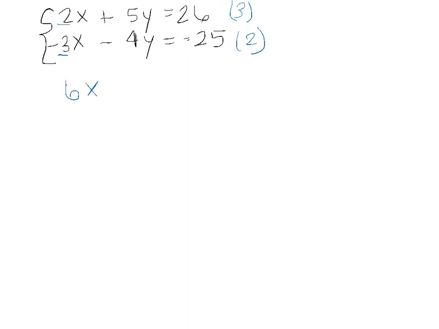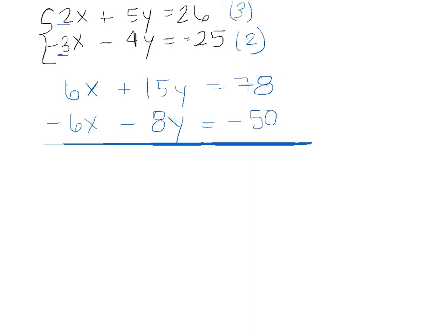So I've got 6x plus 15y equals 26 times 3, which is 78. And then we'll do the bottom equation by 2. Negative 6x minus 8y equals negative 50.